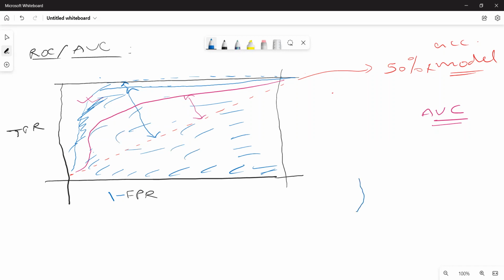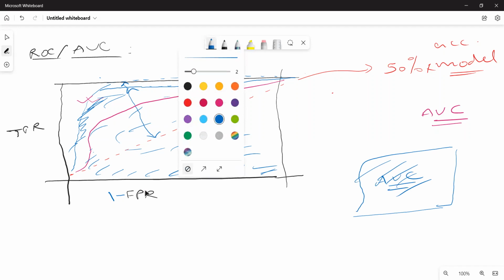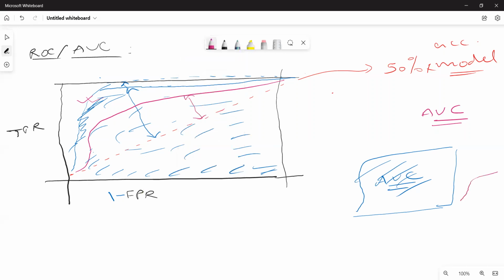If this is the blue region, this is the area under the curve. And if this is the violet region, let's mark that also. Here we can see that the violet region has less area compared to the blue region.